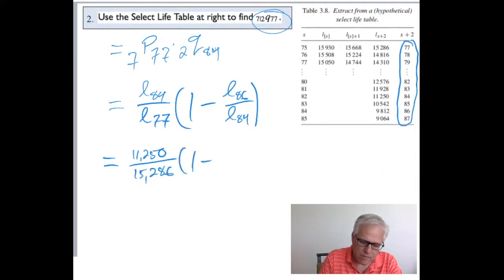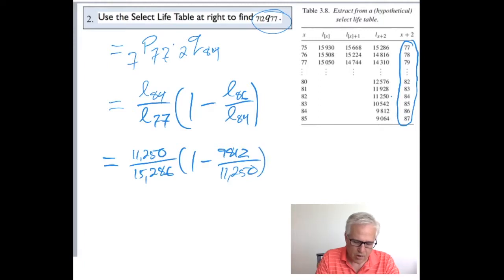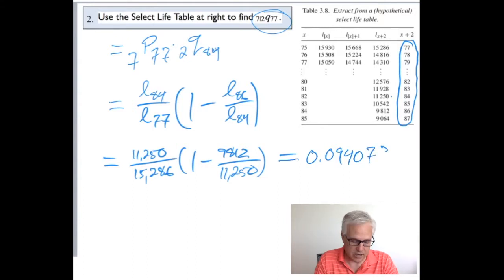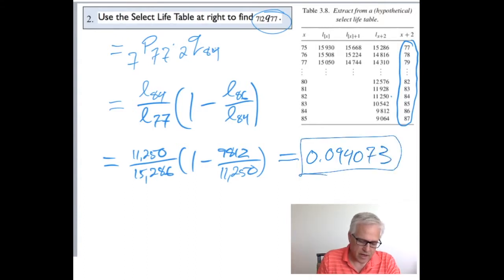Okay, times 1 minus L86, that's looking like 9812, divided by L84, 11,250. And if you crunch those numbers, it turns out that's 0.094073.